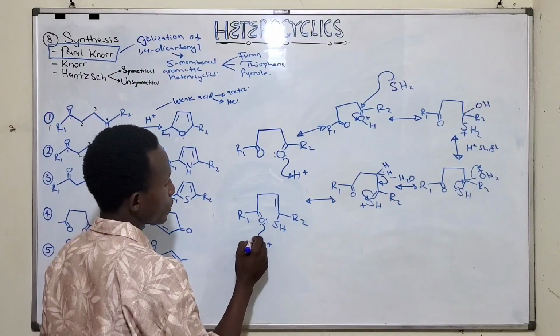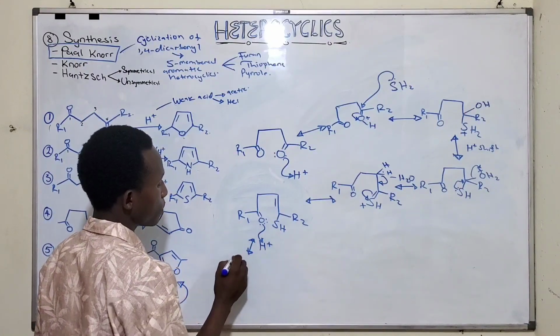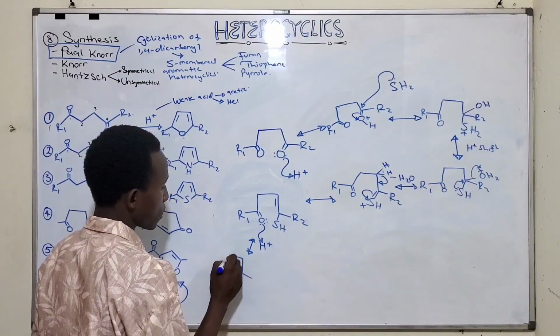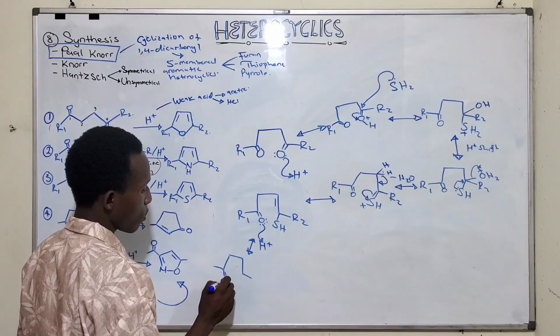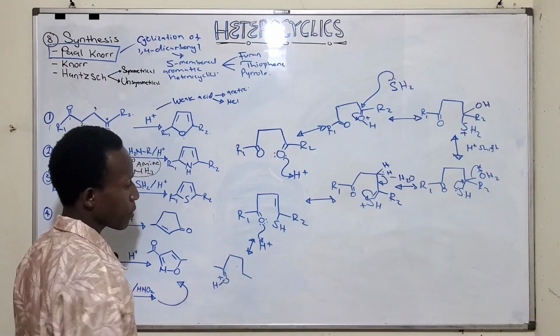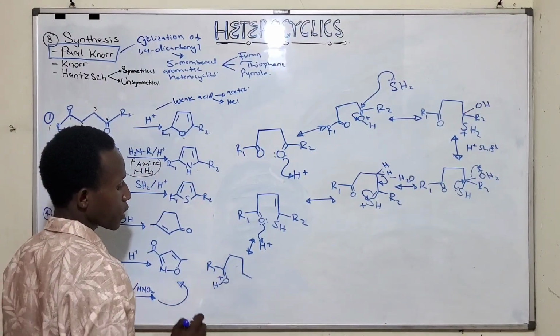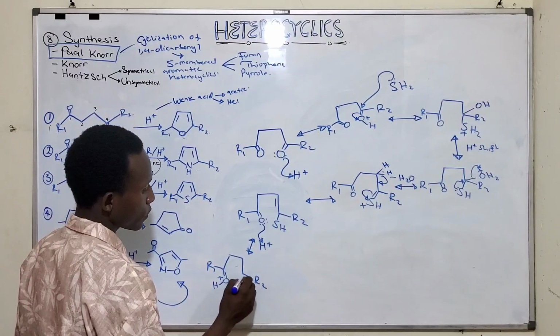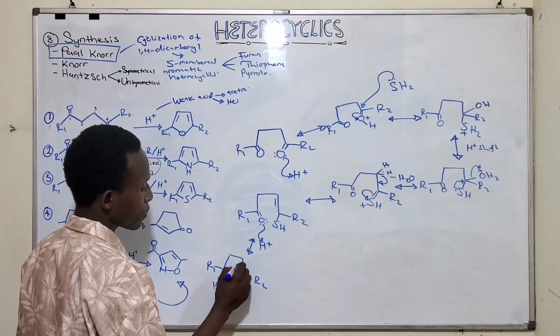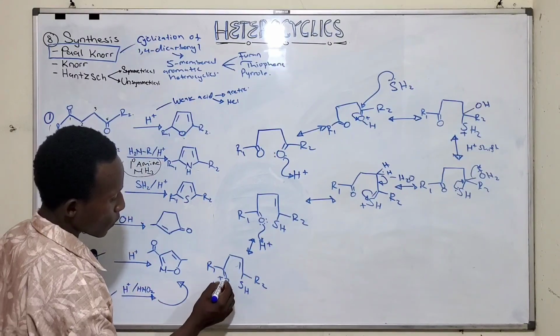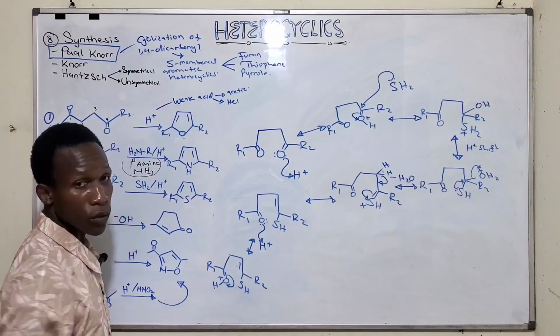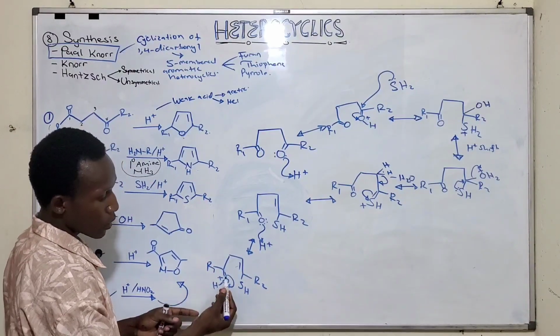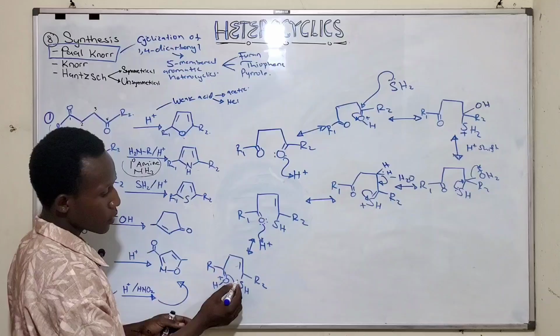As it takes the proton, we shall form an ion, which is O with hydrogen and it has a plus. You have R1 here, R2, and SH with a bond here. As this one stabilizes, it pulls the bond electrons, creating a carbocation.